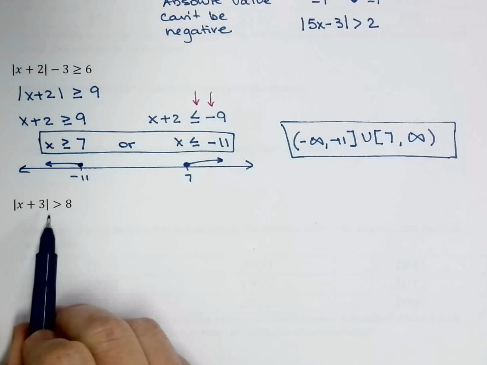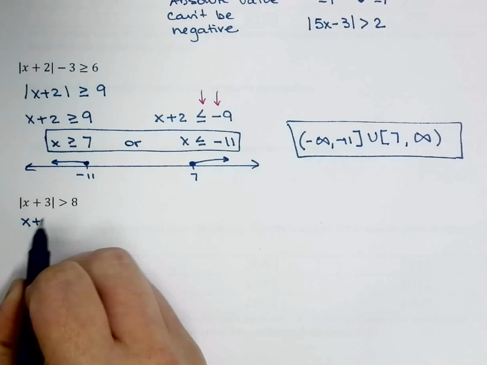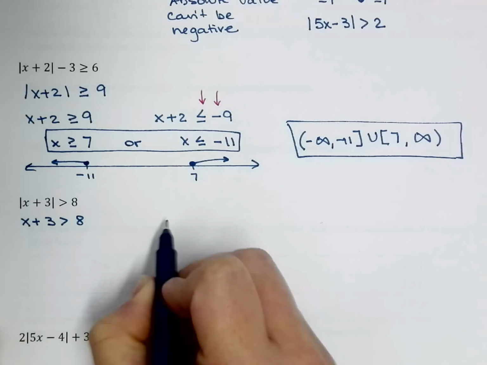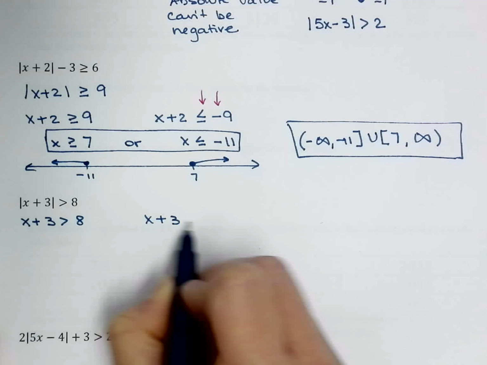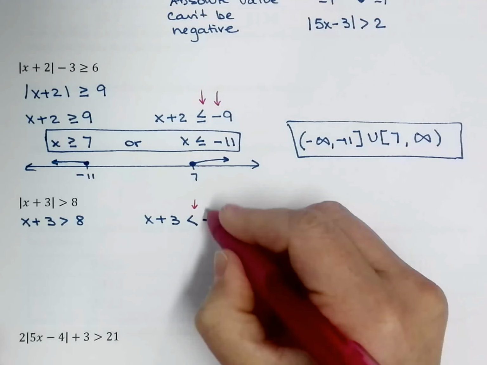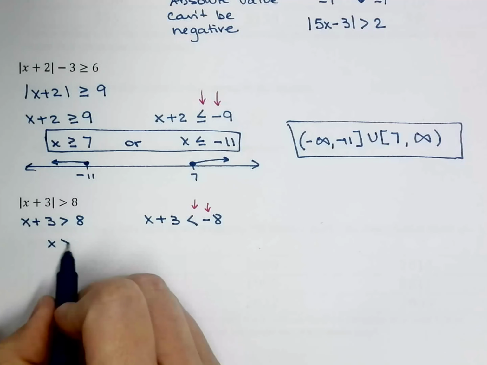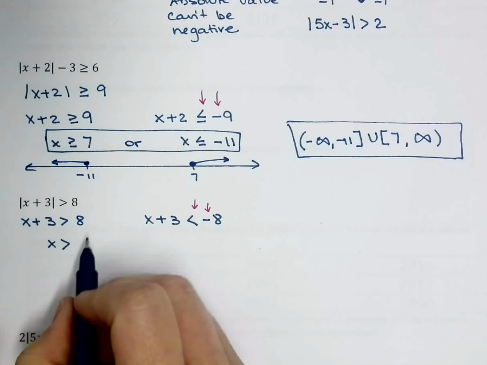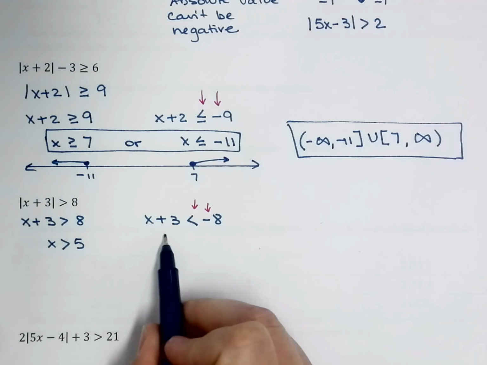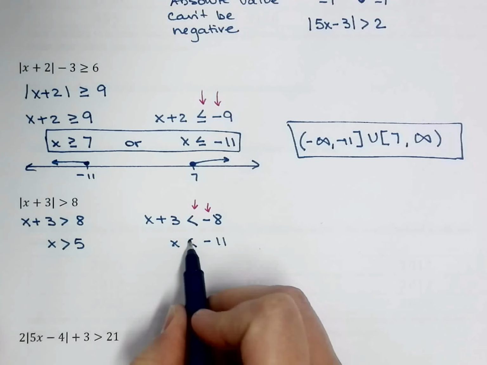Okay, fully isolated, I'm ready to split that up into linear inequalities. So I have x plus 3 is greater than 8, and then x plus 3 is less than -8. So you switch the inequality sign and the sign for your number. So x is greater than, subtract 3 on both sides, you get 5. Subtract 3 on both sides right here, you get -11.